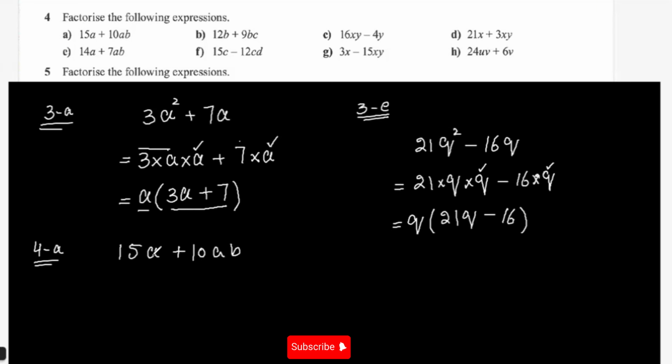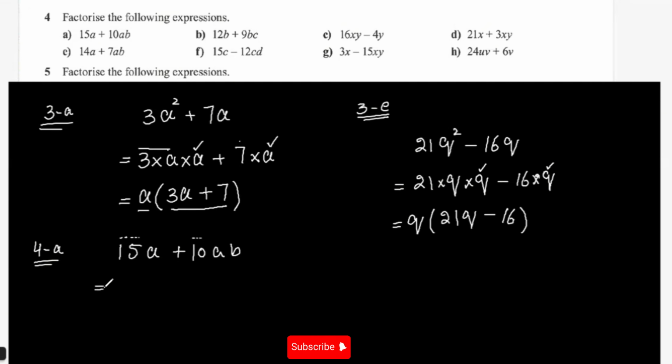The first term is 15a, the second one is 10ab. We can easily see that in the first term we have the constant number 15, in the second term we have the constant number 10, and there are common factors as well.